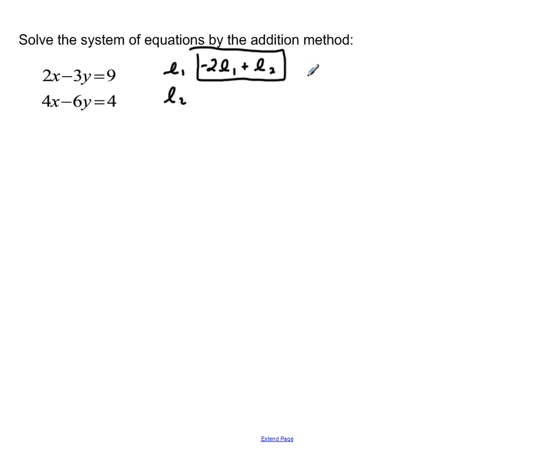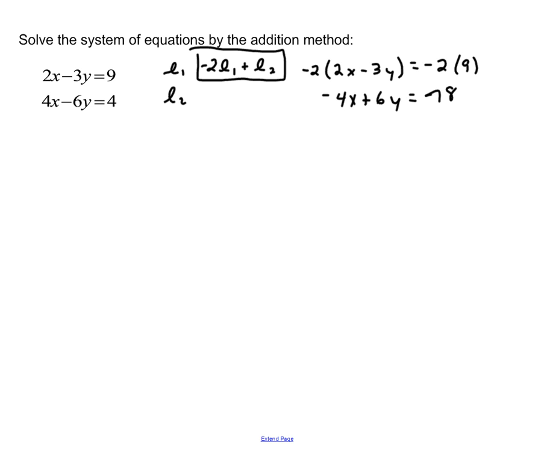So let's take -2 times everything on the top equation. That's 2x minus 3y is going to equal -2 times 9. Rewrite that, so we're going to have -4x plus 6y equals -18.